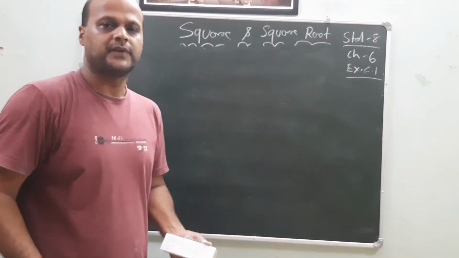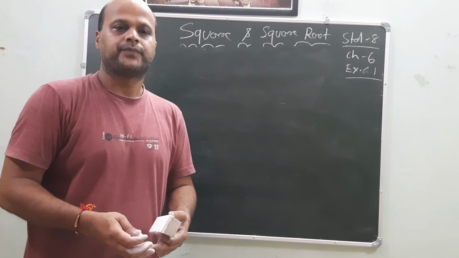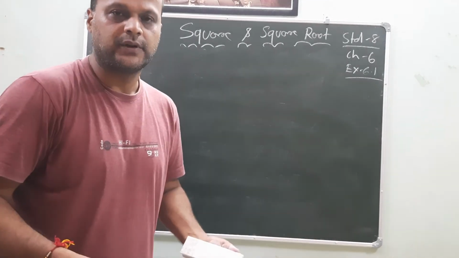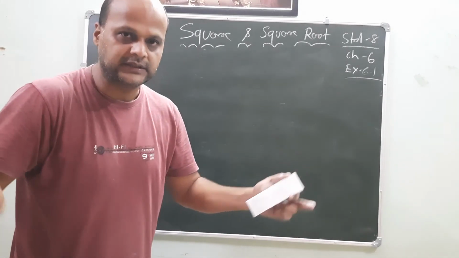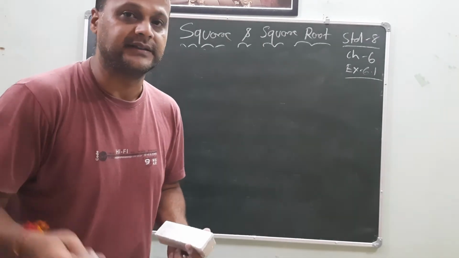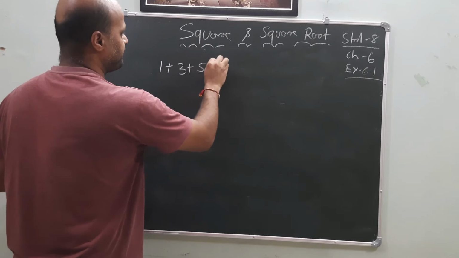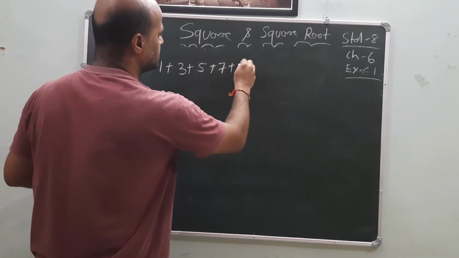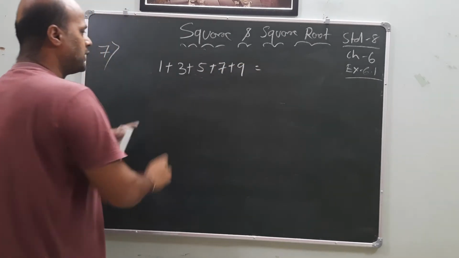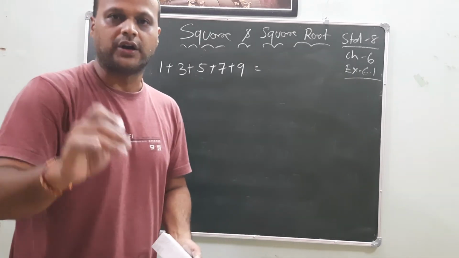It's saying that if some numbers are there, without adding the numbers, how will you find the result? Means sum of some odd numbers are there. Suppose 1, 3, 5, 7 and 9 are the odd numbers.